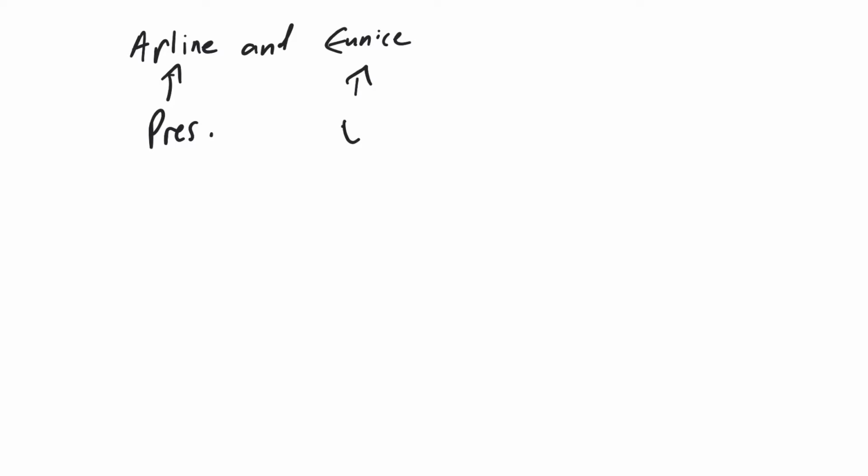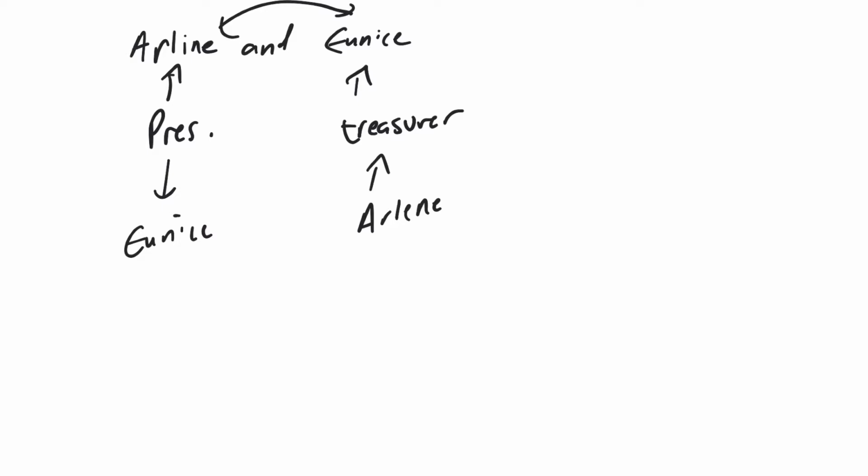So the first question I have for you is, if Arlene and Eunice are selected, and let's say that Arlene is the president and Eunice is the treasurer, would it be different if I switch those 2 names and I put Eunice over here, and I put Arlene over there?